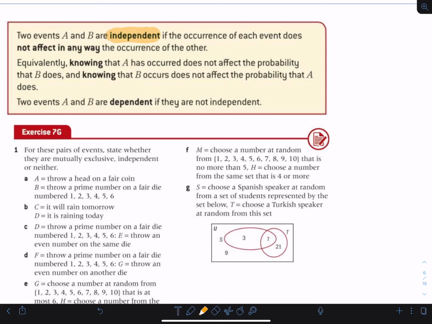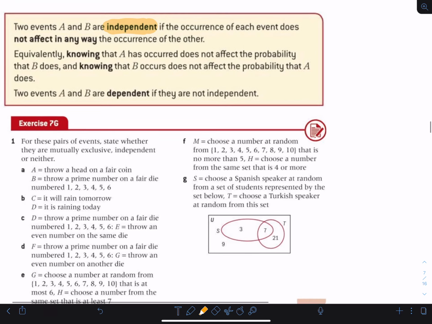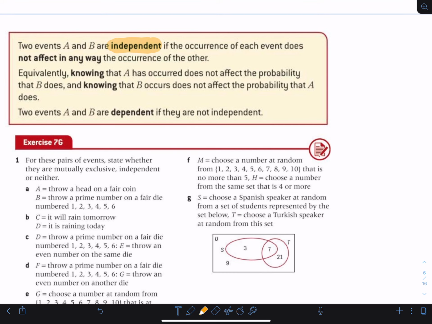The two events A and B, if they're not independent, then they're dependent, which means they affect each other. Now, I don't know if they put down that little formula, but this is a way to check it. If independent, then this formula is true.